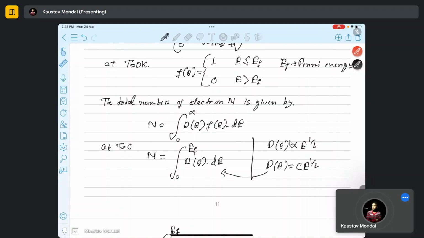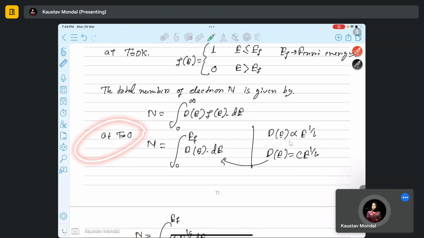The density of states times the probability of occupation times the small energy interval gives the number of particles between E and E plus dE, and integrating from 0 to infinity gives the total number of particles.